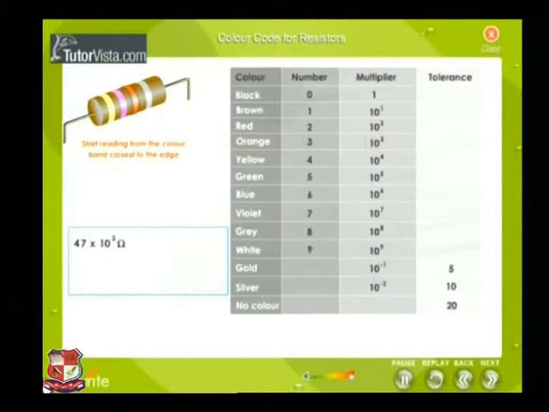The third band, which is a multiplier, corresponds to 10 to the power 3, and the last band, which is silver, tells us that the tolerance level is plus or minus 10%. The value of this resistor is 47 into 10 to the power 3 ohms, plus or minus 10%, or it is equal to 47 kilo ohms plus or minus 10% tolerance.